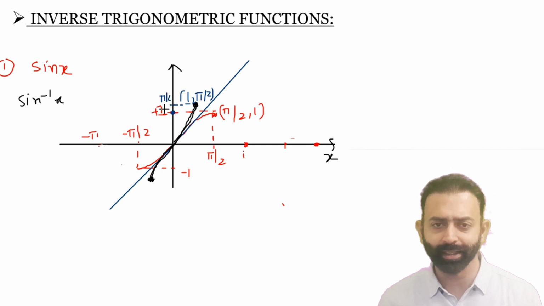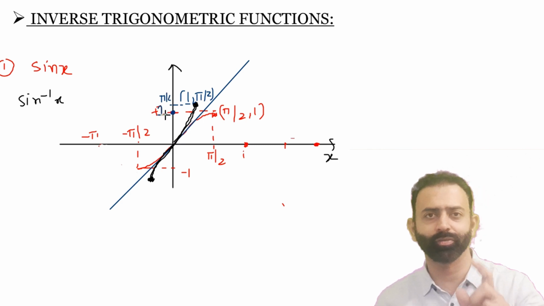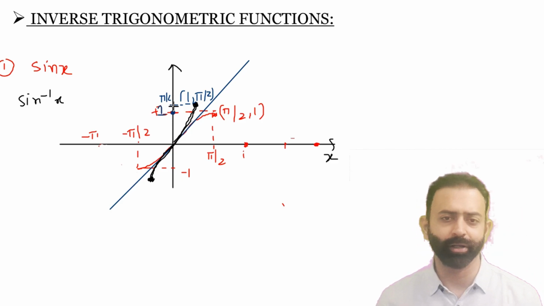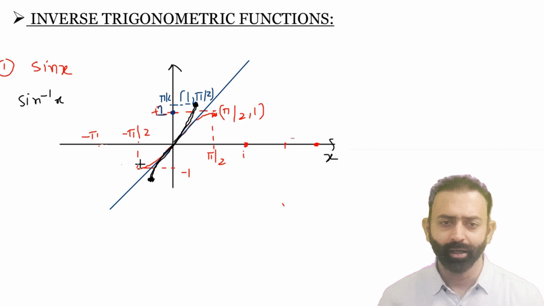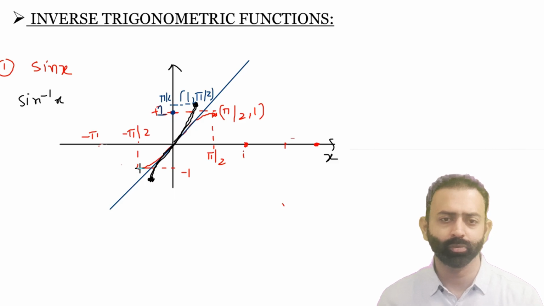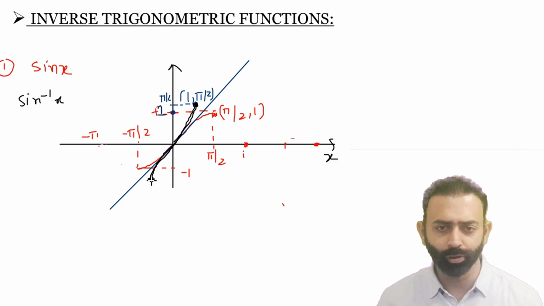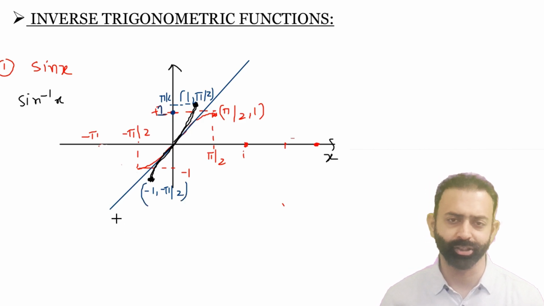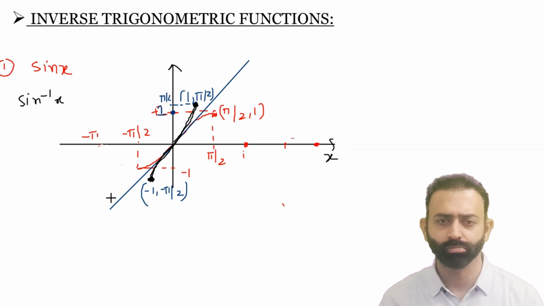This 1 is less than the coordinate 1 of the sine graph, so this will lie lower than the value of pi/2. Similarly, this point was -pi/2, -1, so the counterpart will be -1, -pi/2. Again, the coordinates get interchanged. So this is about the graph of sine inverse x.